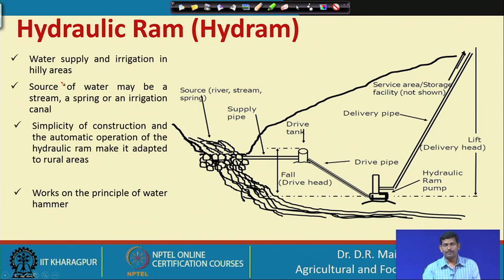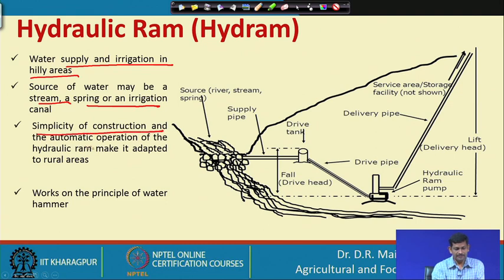It has few parts. Mostly for water supply and irrigation in hilly areas, the source of water may be a stream, a spring or an irrigation canal. The simplicity of construction and automatic operation of the hydraulic ram make it well adopted in rural areas, and it works on the principle of water hammer.